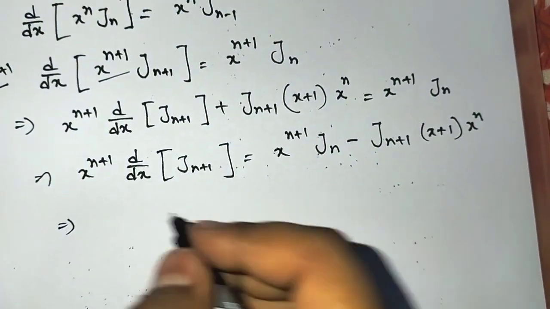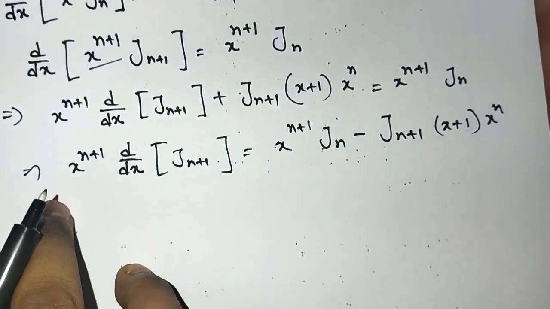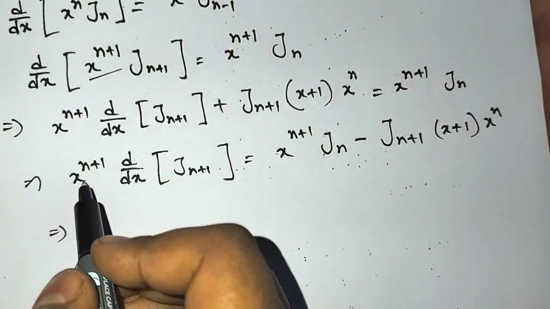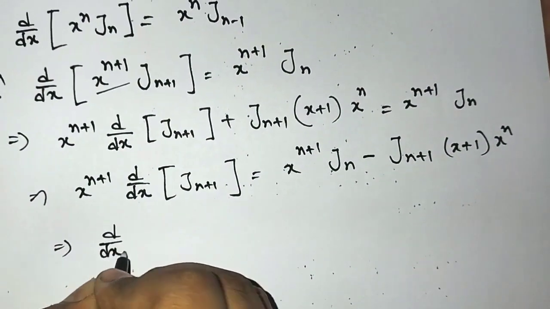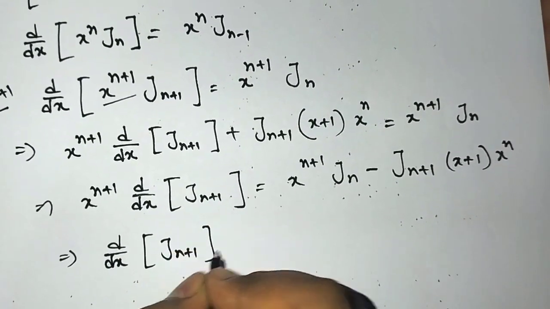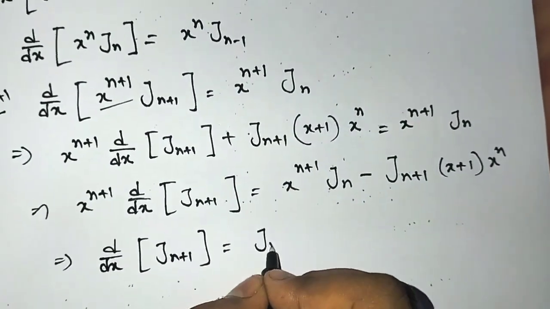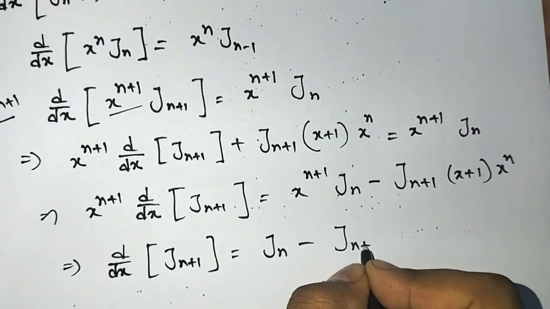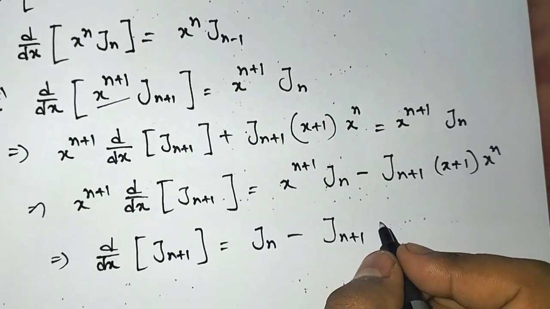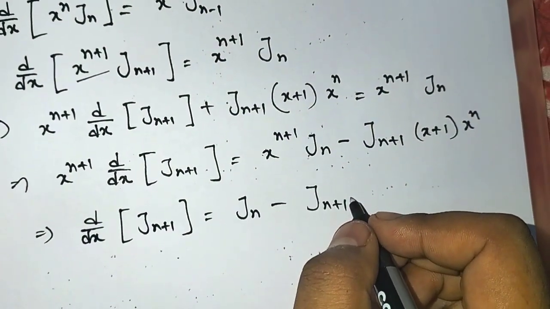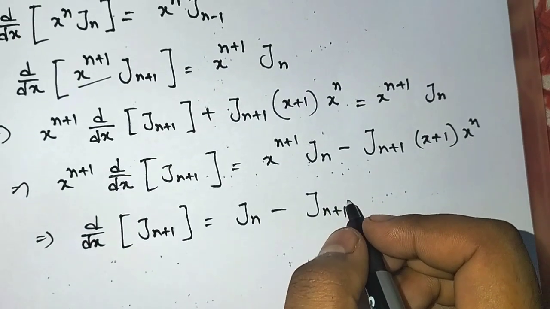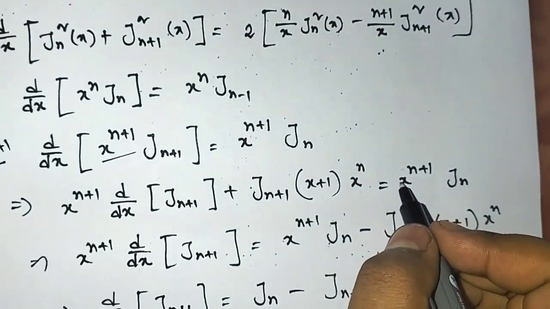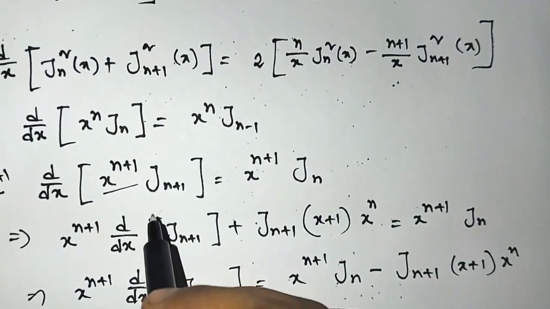Now I will divide the full equation by x^(n+1). So d/dx of Jn+1 equals Jn minus (n+1) Jn+1 by x. Sorry, this is not x, this is n.